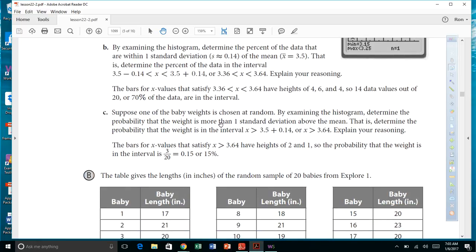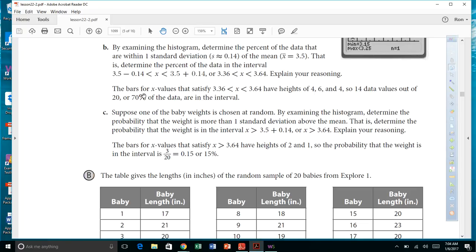By examining the histogram, determine the percent of the data that are within one standard deviation, S approximately 0.14, of the mean, X bar equals 3.5. That is, determine the percent of the data in the interval 3.5 minus 0.14 less than x less than 3.5 plus 0.14, or 3.36 less than x less than 3.64.